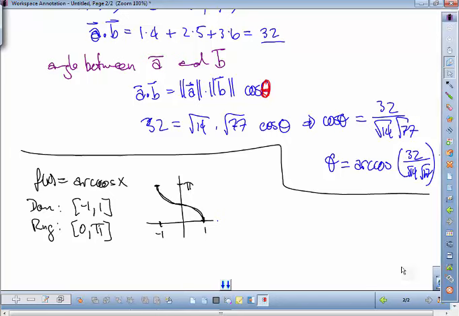So you have the arc cosine function, domain from -1 to 1. So we know if in your calculator you try to put arc cosine of 2, it's going to give you an error, right? Because that's not part of the domain. You can only put numbers between -1 and 1. And then the output will be the thing from 0 to pi.